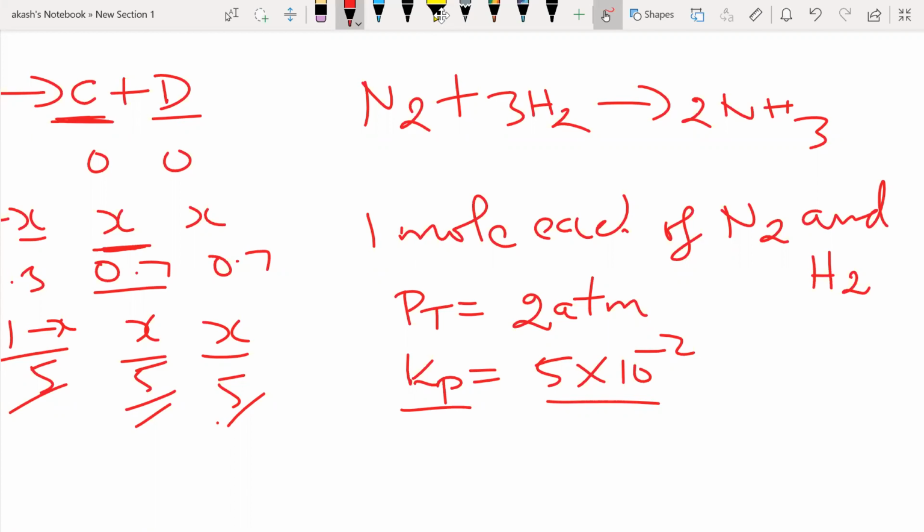Actually, you find the Kp value. Please go for it. I told you how to approach these problems, right? Whenever the number of moles is given and Kp is asked, not Kc, I told you you have to use certain things.